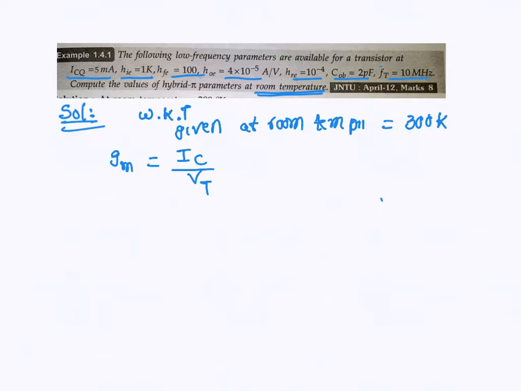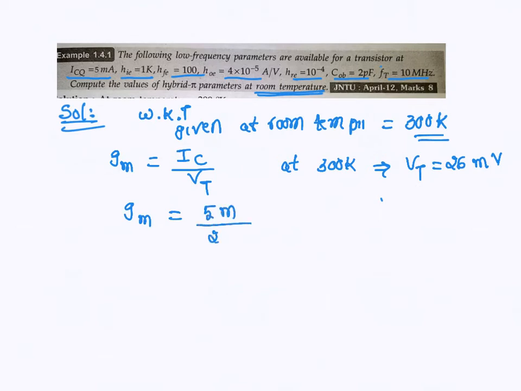Generally at 300 Kelvin, VT should be equal to 26 millivolts. So IC equals 5 milli and VT equals 26 milli. If you solve this, the value will be 0.1923 ampere per volt. So this is the value of GM.